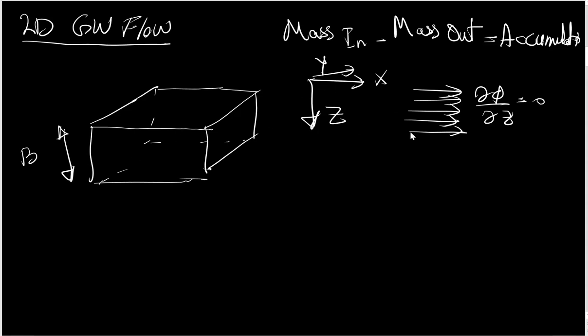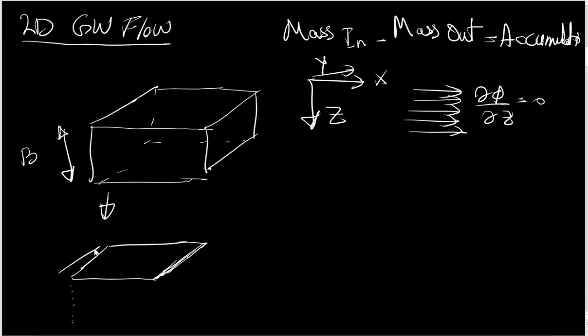So assuming this, I can simplify my control volume from a 3D form into a plane form, technically a control area, because I know what is happening in the z direction.